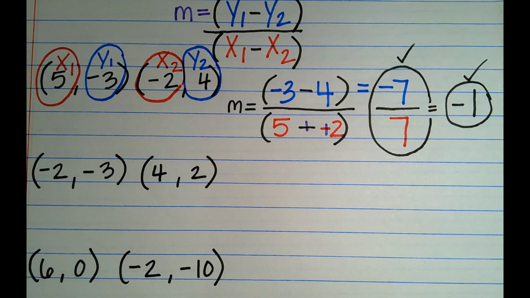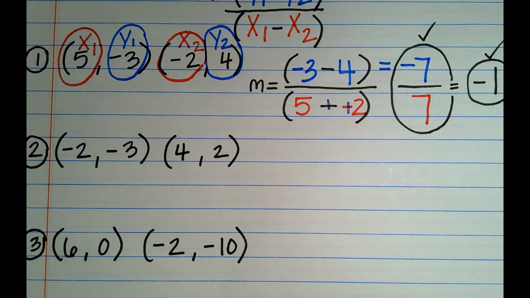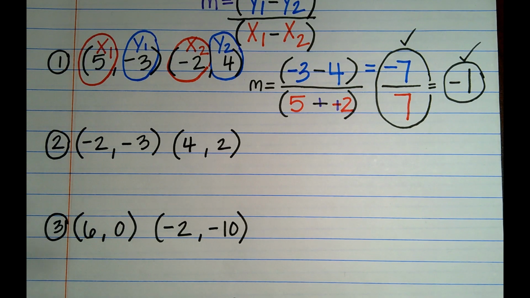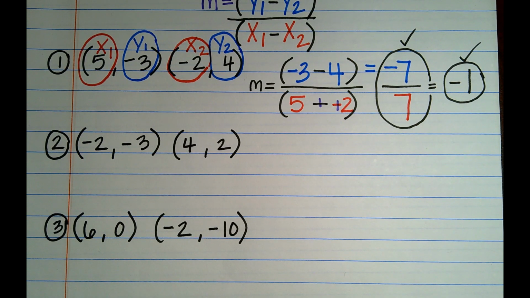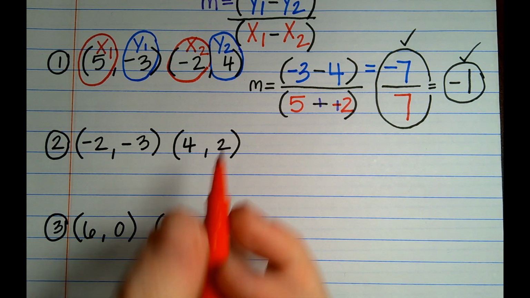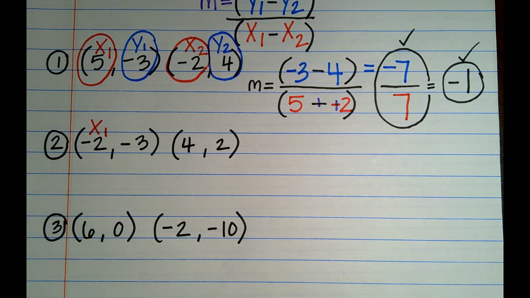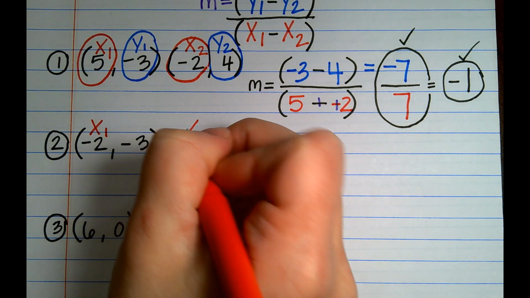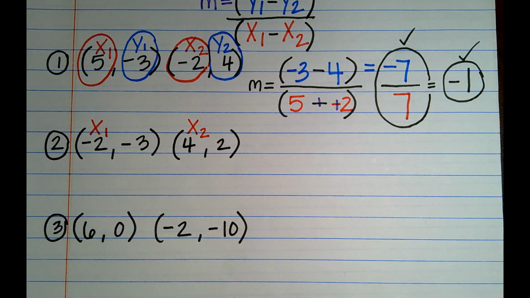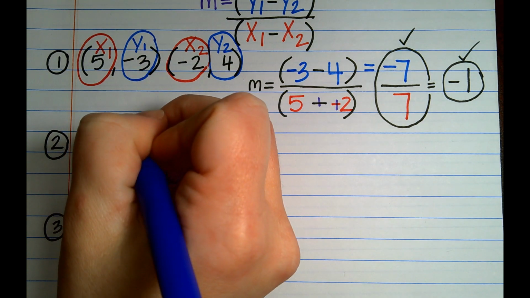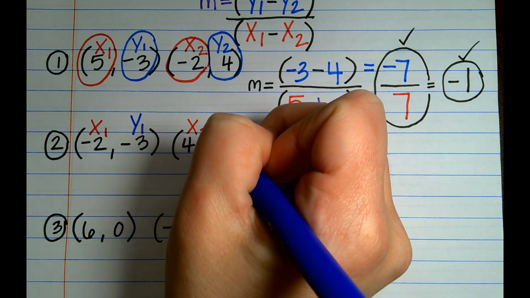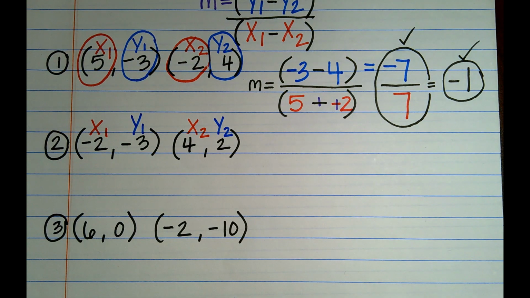All right. Let's look at number 2. What do I do first? Always label, label, label. X1, and then X2. Y1, Y2. And now let's do some empty parentheses.